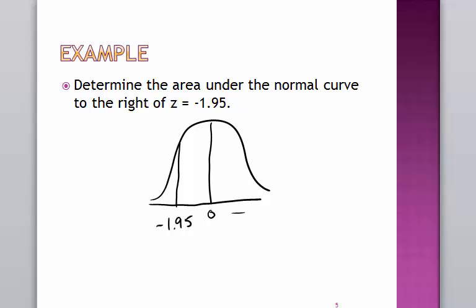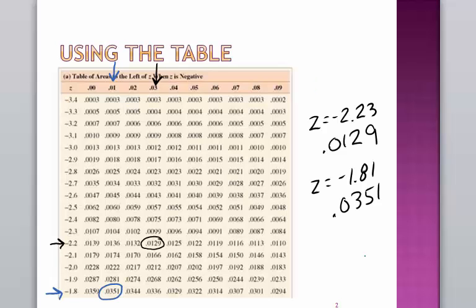And we want to shade to the right. So we're going to shade all of this to the right and work on finding that area. So let's go back to our negative table.